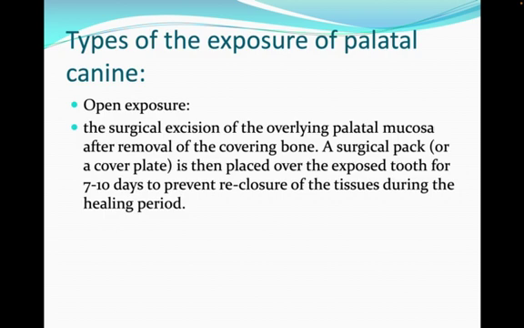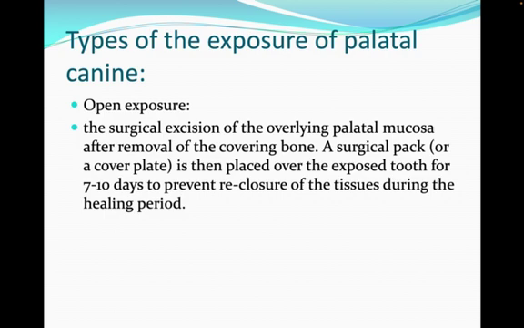Now again, the exposure options. As we mentioned for the buccally impacted canine, we have 2 options: open exposure and closed exposure. For the open exposure, you simply open the flap, remove the bone, remove a chunk of the soft tissue, and then close the flap, and you can still see the crown of the canine.